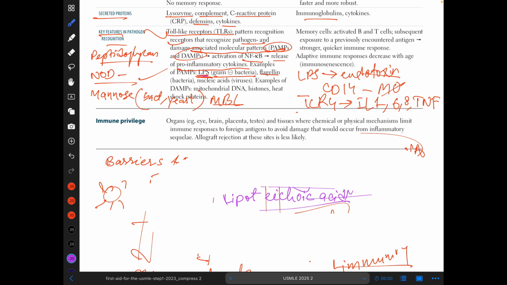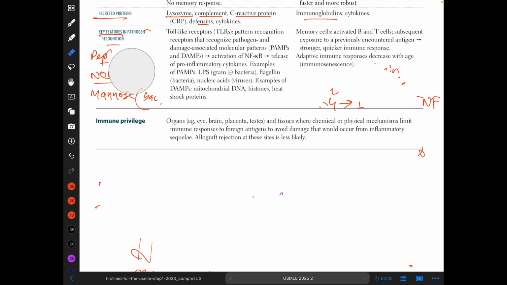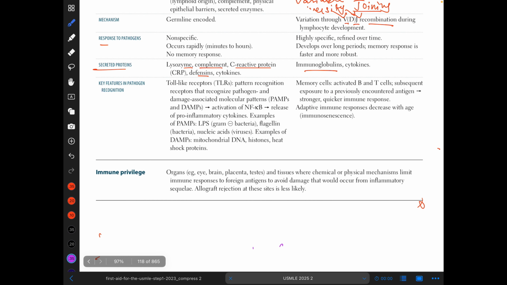For gram-positive, we have lipoteichoic acid, and for gram-negative, we have lipopolysaccharide, LPS. Understand?